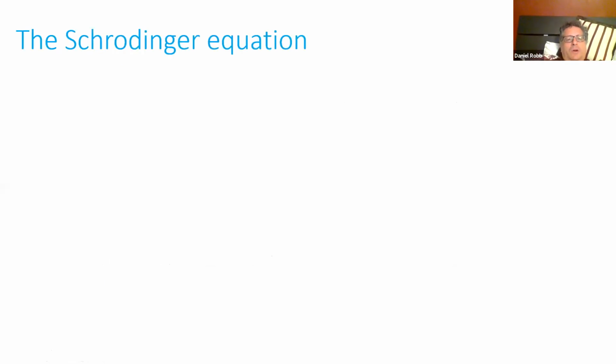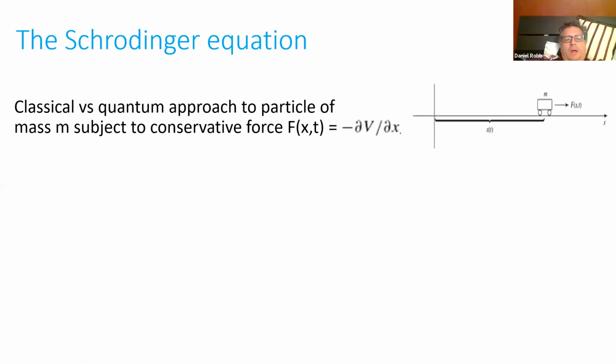So, all right, let's start off with the Schrodinger equation. If we have a particle of mass m represented by this little kind of car or truck here, and it's subject to a conservative force F, which is equal to minus the partial of a potential V with respect to x. Remember, any conservative force can be written as minus the derivative of a potential with respect to position.